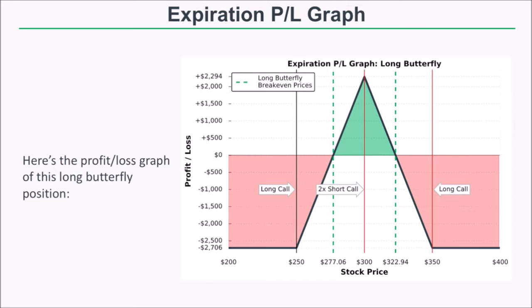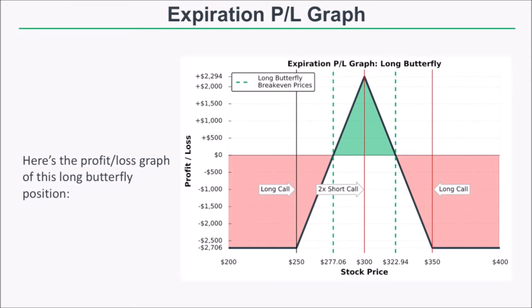Now at any point in time, to get the value of the long call butterfly spread, you can take the value of the long call spread and subtract the value of the short call spread. So if the stock price is $322.94 at expiration, the long call spread will be worth $50 and the short call spread will be worth $22.94, which brings our long call butterfly price to $50 minus $22.94, which comes out to $27.06.